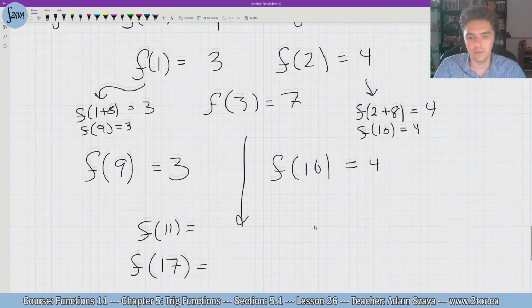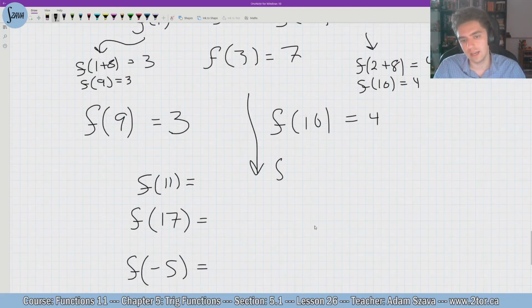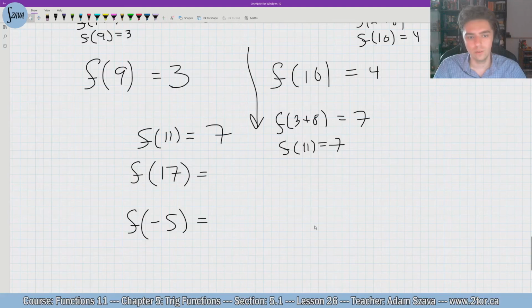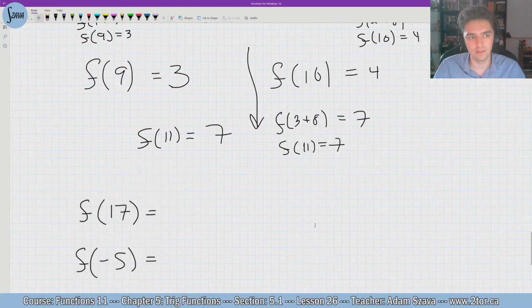What about for f of 3? F of 3 plus 8, go one cycle further. That's 7. 3 plus 8 is 11. I just learned f of 11 is 7. What about these last two? F of 17, right? So f of 17, how can you make 17? 17 is 16 plus 1.